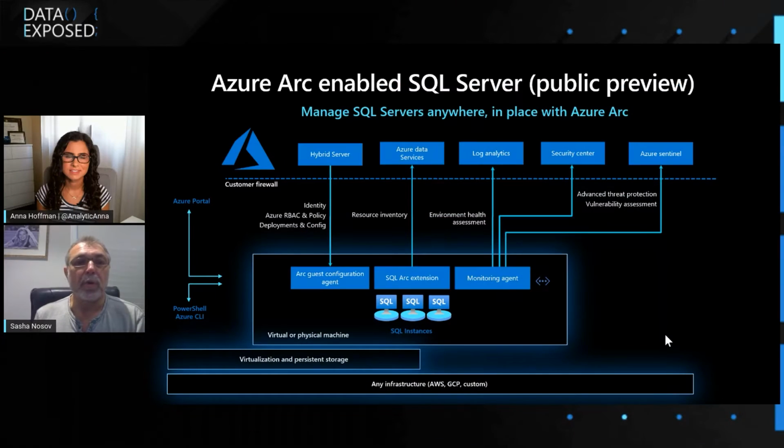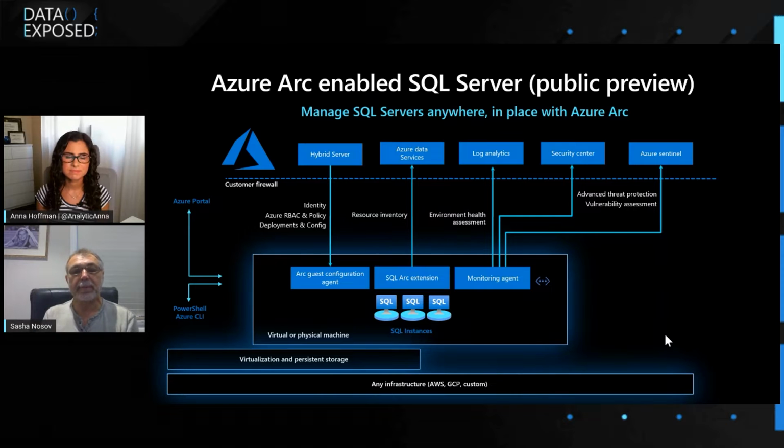So I'd like to show you something. This is a slide showing the architecture of Arc-enabled SQL Server. And we just announced the public preview of it yesterday at Ignite. As you can see, down below is a layer of infrastructure, which can be anything, as I mentioned.